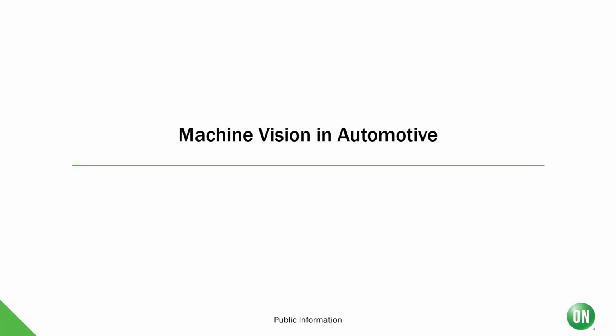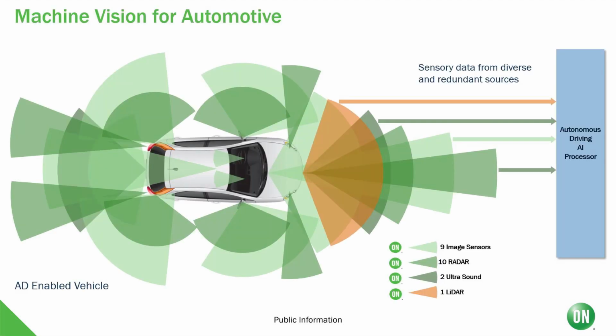So let me shift gears here and talk about some of the machine vision uses in automotive. So in a typical autonomous driving vehicle or a level 3 type of ADAS device, we'll see upwards of 20 types of sensors in the device.